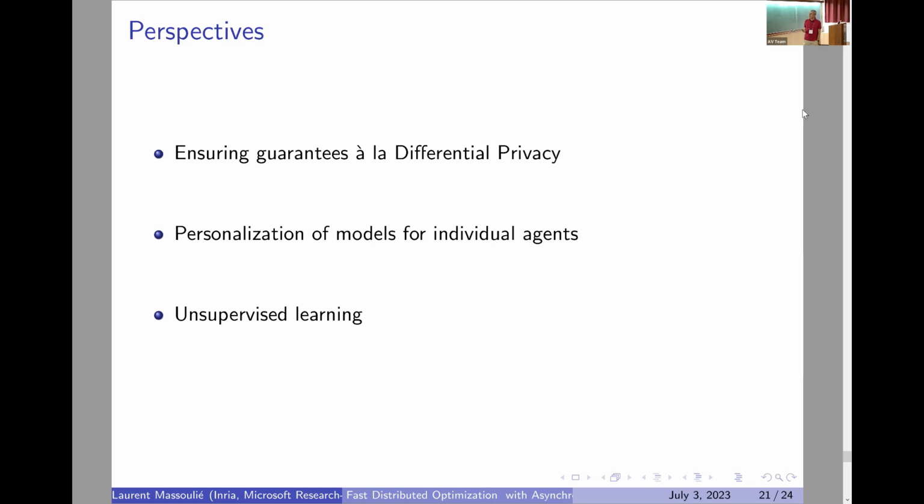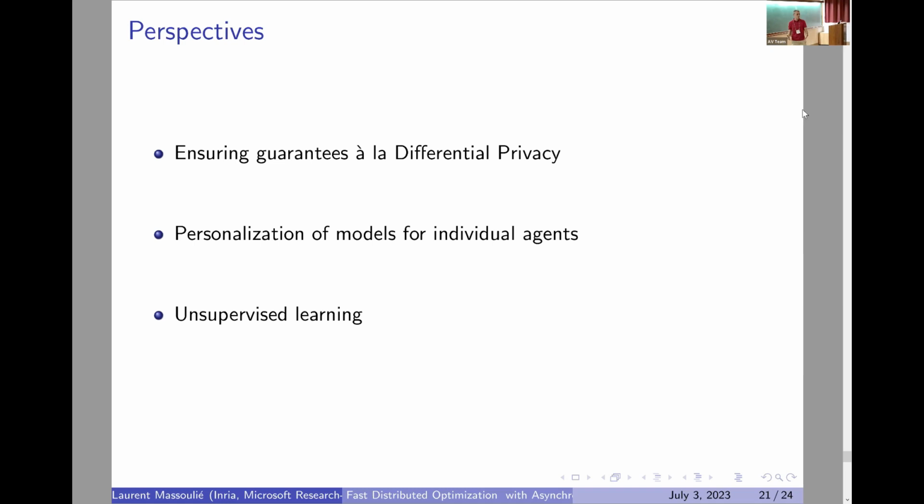I mentioned also personalization of models. There are theoretical works on that. For instance, if you have agents that have their own data set, but there is a notion of proximity between the distributions of the data sets of the various agents, then at least in the early stages of the optimization, you can, as an agent, leverage gradient computations of agents that are statistically similar to you.